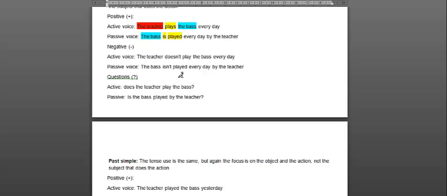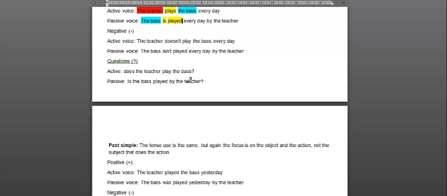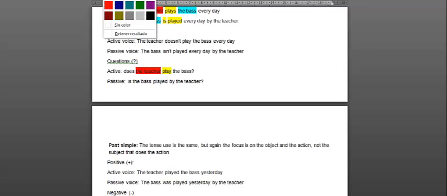That's in negative. In questions, however, we're gonna remark, well, does the teacher play the bass? So again, who's doing the action? The teacher, of course. What is the verb? Play, right? And who's the object? The bass, right?